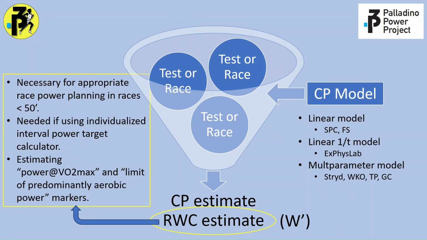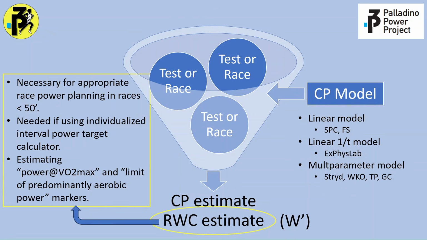So once you get over CP, you need that reserve work capacity to get more individualized power targets. And there is a calculator on Final Surge that I developed that will actually give you individualized power targets. And I'll present that later in this discussion as well.